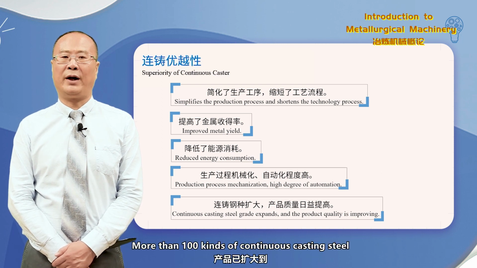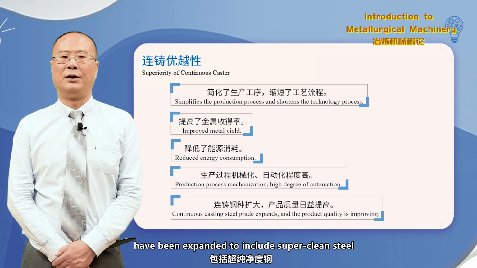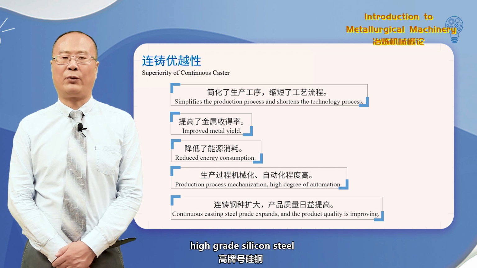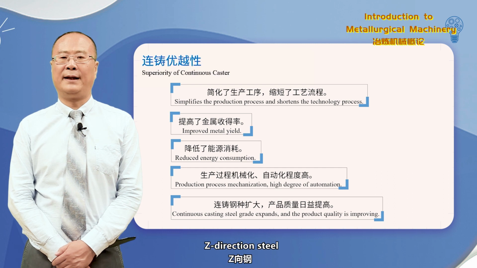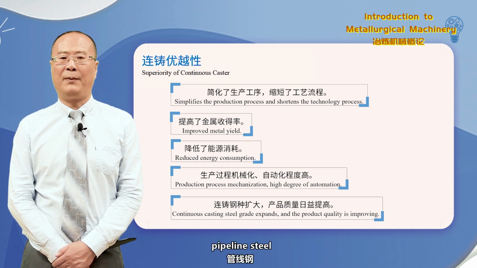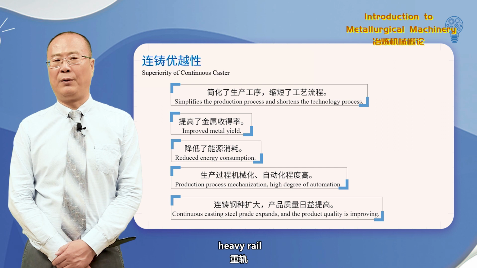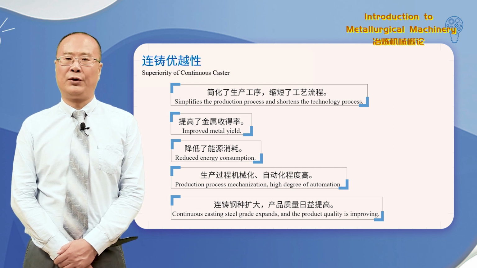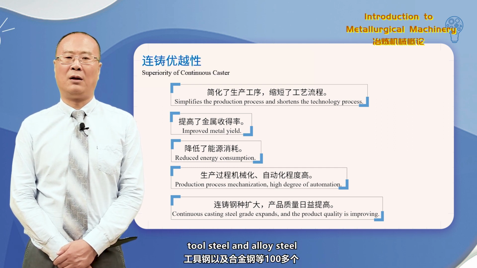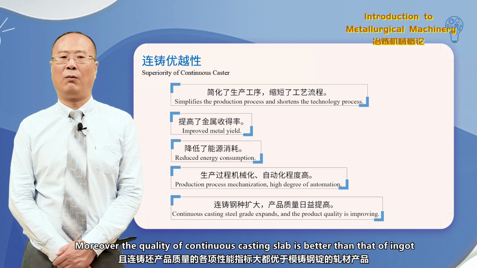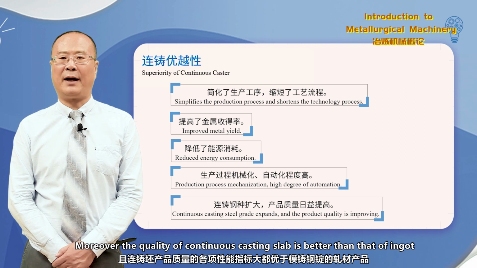More than 100 kinds of continuous casting steel have been developed, including super clean steel, high-grade silicon steel, stainless steel, Z-direction steel, pipeline steel, heavy rail, hard wire, tool steel, and alloy steel. Moreover, the quality of continuous casting slab is better than that of the ingot.